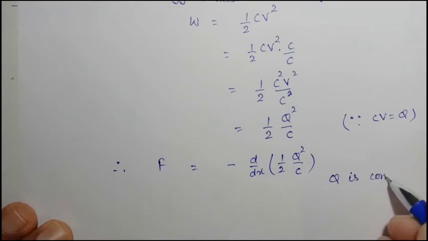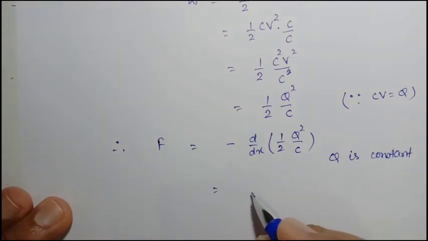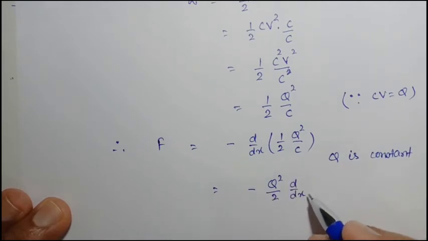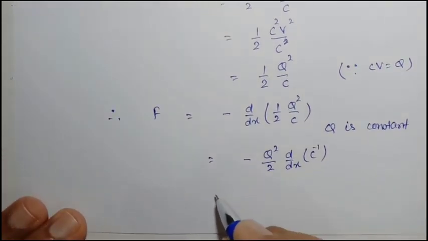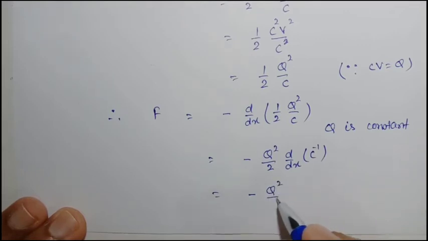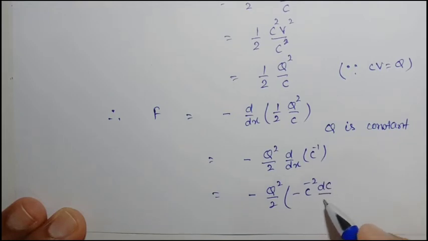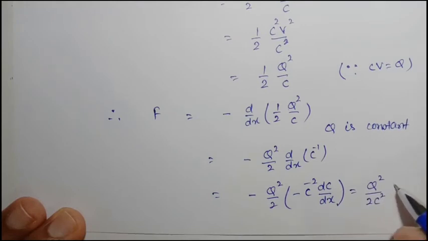Because Q is constant, we can write minus Q square over 2 d by dx of 1 over C, which equals minus Q square over 2 times minus 1 over C square dC by dx, which equals Q square over 2C square dC over dx.